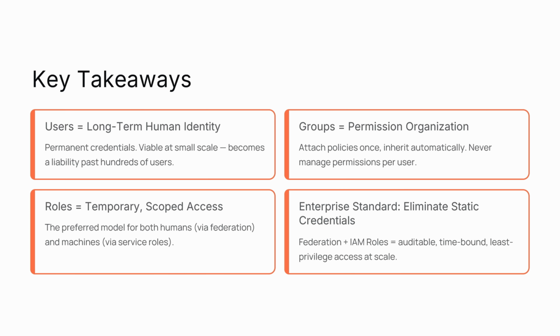And at enterprise scale, the goal is clear: replace long-lived credentials with federation and temporary roles wherever possible. If you remember one lesson from this module, let it be this: modern AWS security is built on temporary identities, least privilege, and eliminating static credentials.